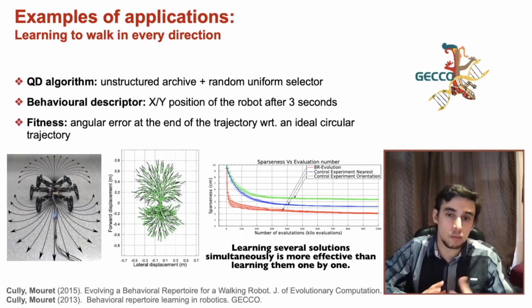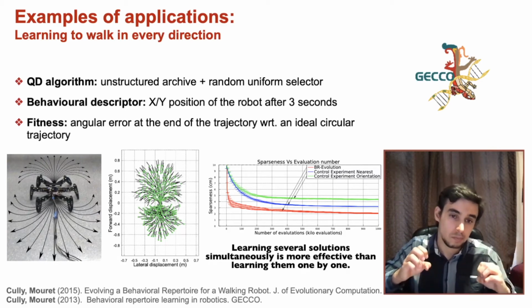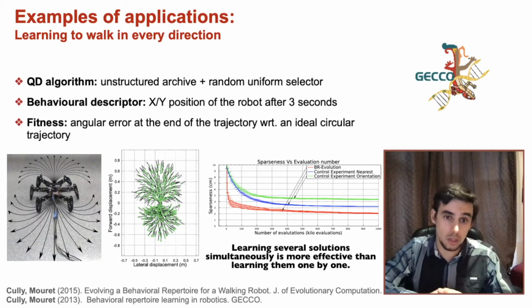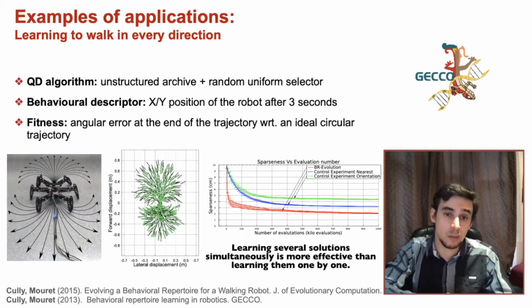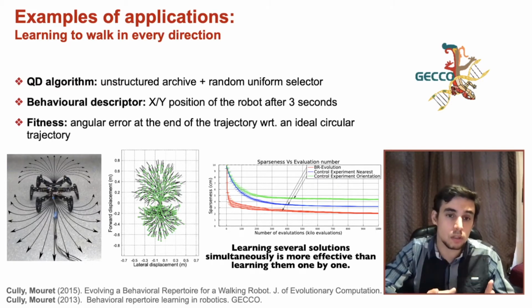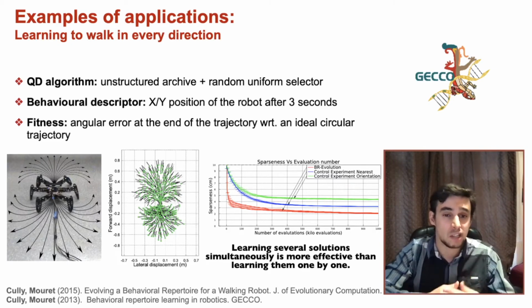But when we did this, we also tried to see, because if the goal is to generate a lot of different solutions, we can also think about using independent learning processes in order to learn each of the solutions independently. And what our experiment found is that learning all the solutions in a single learning process, thanks to quality diversity, is actually way more efficient.